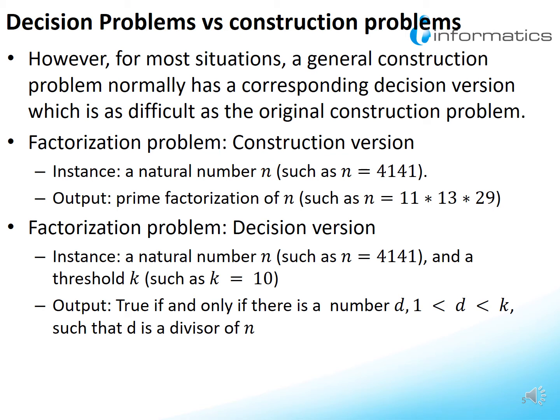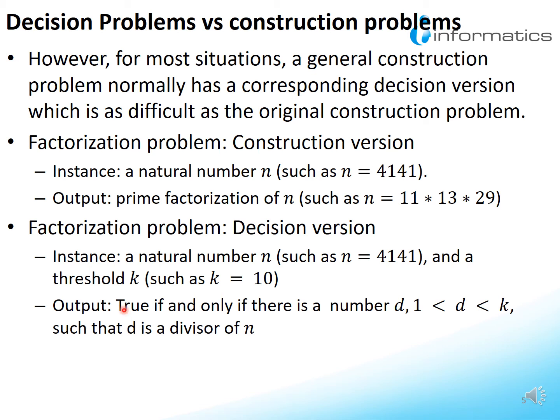For this construction problem, let's look at the decision version. For the decision version, the input is a pair: a natural number n, such as 4141, and another auxiliary threshold, k, for example, k equals 10. Then the decision version asks for true or false.